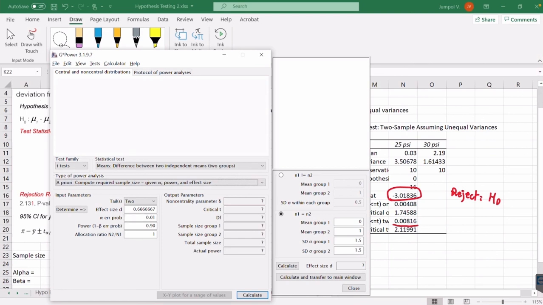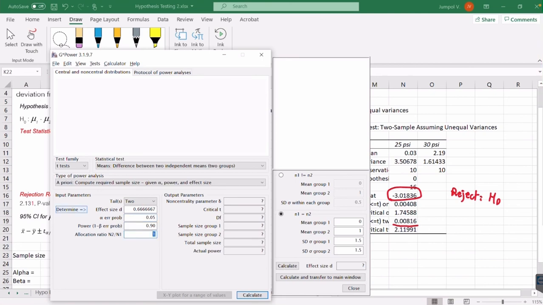And the error type 1 is going to be 0.05. Error type 2, 1 minus beta, is going to be 0.9. And for the allocation ratio, let's make the number of samples from the two populations the same, so it's gonna be 1.